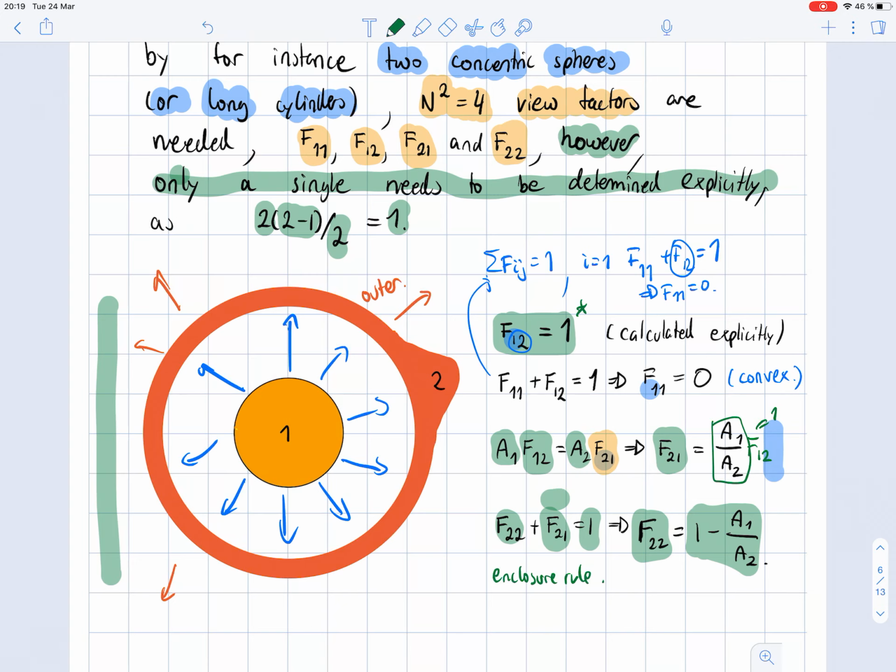So again we remember that this F22 represents the self view factor, and of course if surface number 1 had not been present, then A1 would be 0, and then F22 would be 1, because it is the inner side of a circle or a sphere, and it will see the entirety of its inside. However, now that we have a surface with a non-zero area on the interior, this will block some of its field of view, and that's why we get the value which is expressed like this.